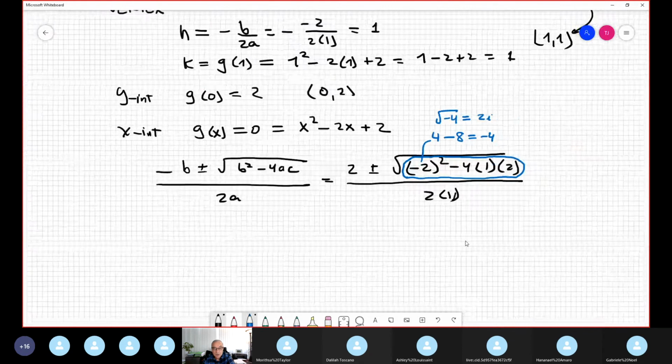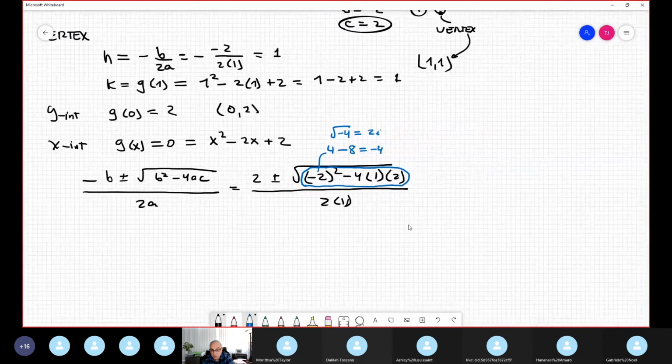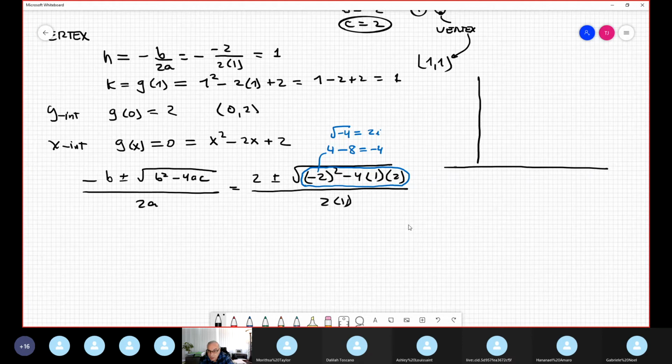Okay? So the only information that we have so far, let's do it by hand and afterwards using decimals. The only information that we have so far about this parabola is the vertex is located at the point 1,1. This is the vertex.